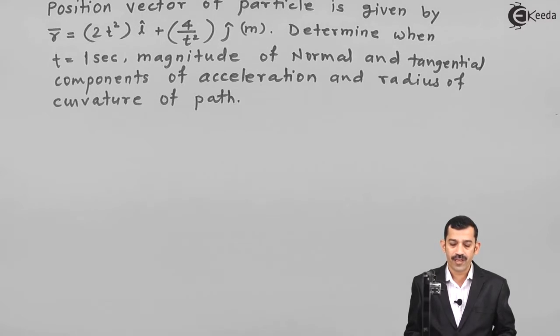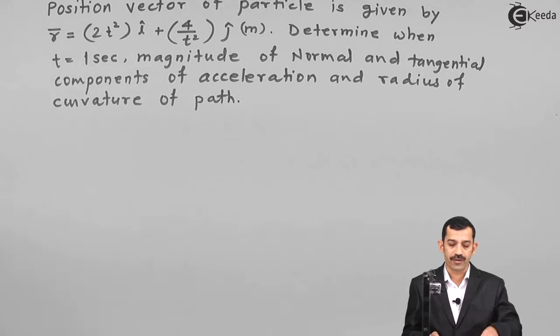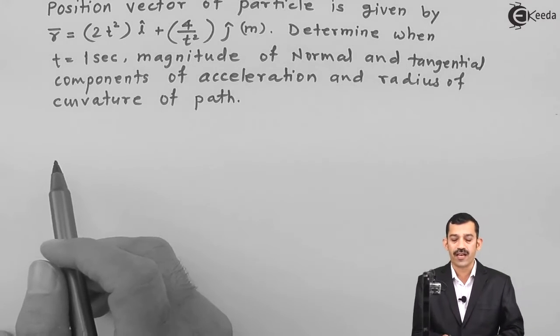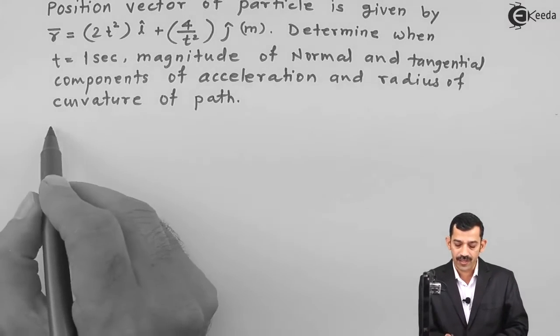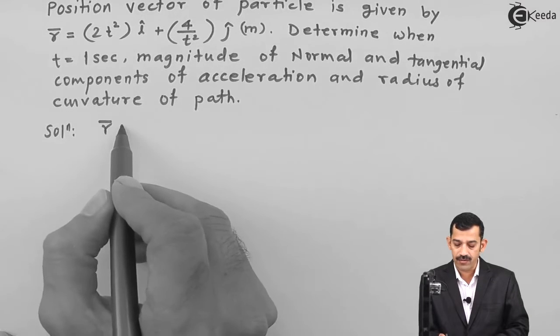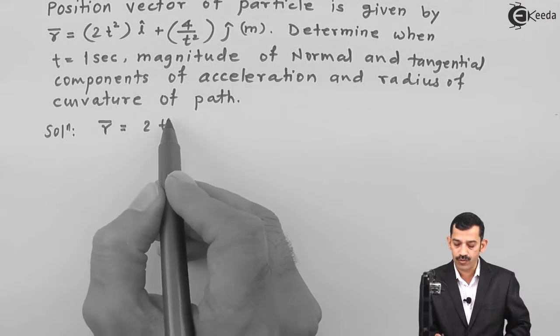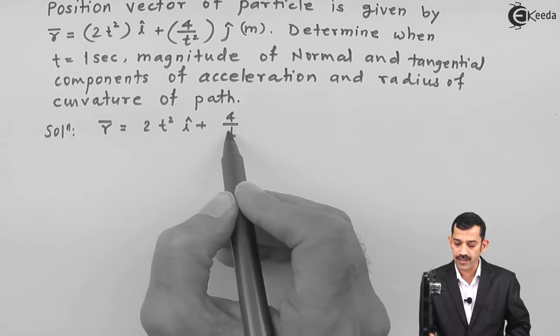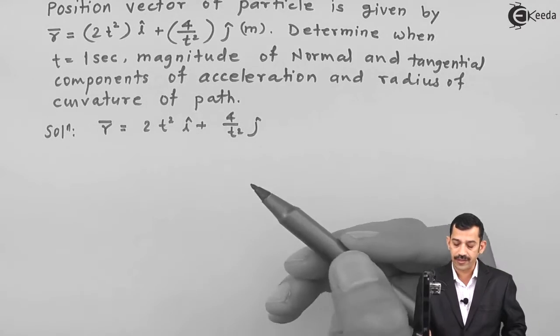As r bar is given in terms of i j unit vectors, where r bar is always expressed as what? xi plus yj. That means here r bar is given as 2t square i plus 4 upon t square j.